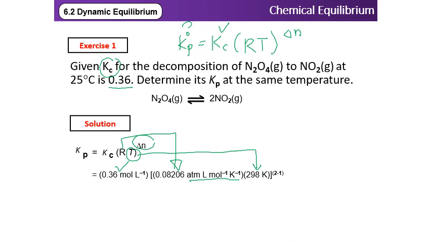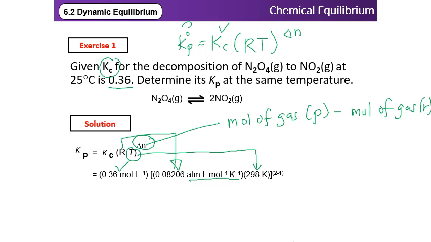Delta n is moles of gas for product minus moles of gas for reactant. For the product there are 2 moles, but for the reactant there is 1 mole, so here it shows 2 minus 1. Then you can press the calculator and you will get the answer. Kp is 8.8.